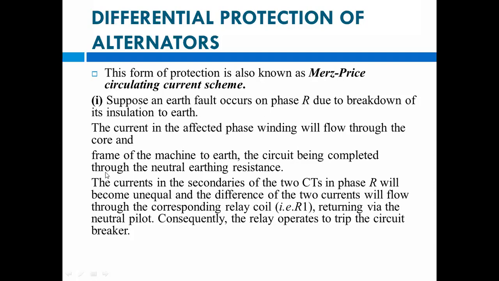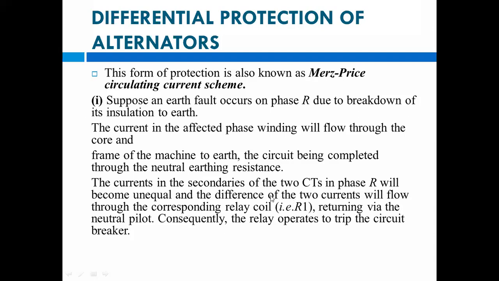Now the currents in the secondaries of the two CTs in phase R will become unequal. As I told you, when any fault occurs, the difference between the currents flows through the relay. The difference between the two CTs will be there, and that will flow through that relay.